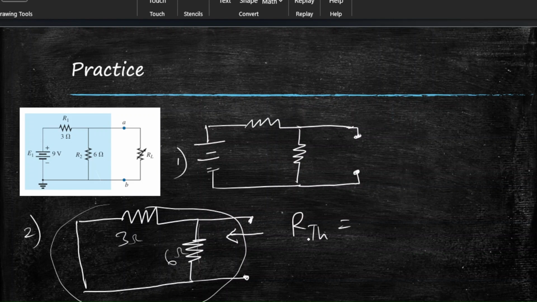RTH is equal to 3 parallel 6. That means 1 over 3 plus 1 over 6, to the power minus 1. So RTH is 2 ohms. That's the Thevenin's resistance. Now that is one step of our solution already done.